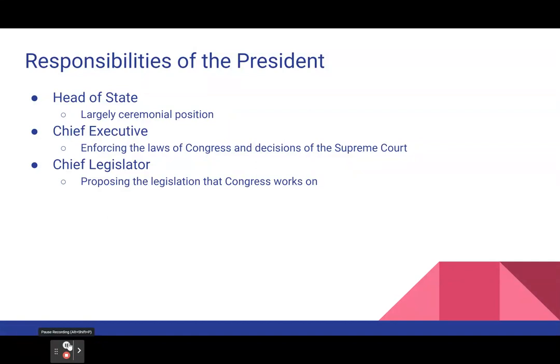And they used it only because they believed that a bill was unconstitutional. They didn't use it because of partisan reasons. So it's not because they didn't like the bill, they used the veto because they didn't think that it was constitutional. The guy who really challenges that practice would be Andrew Jackson.